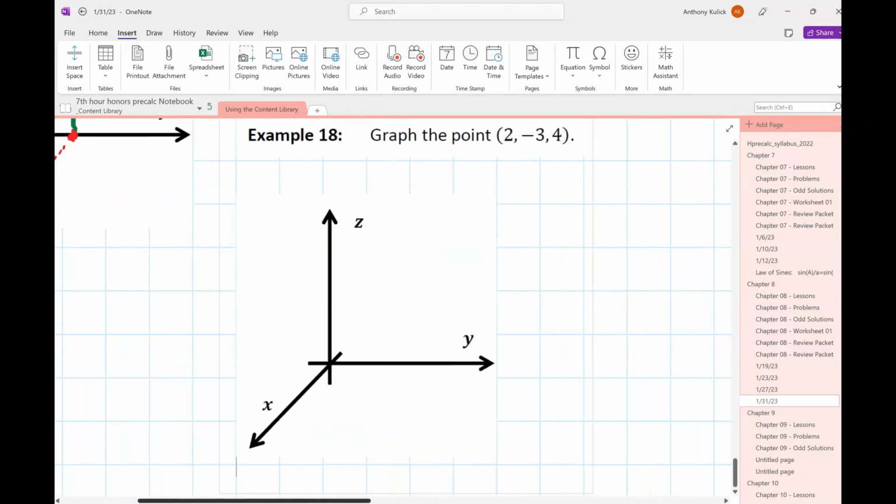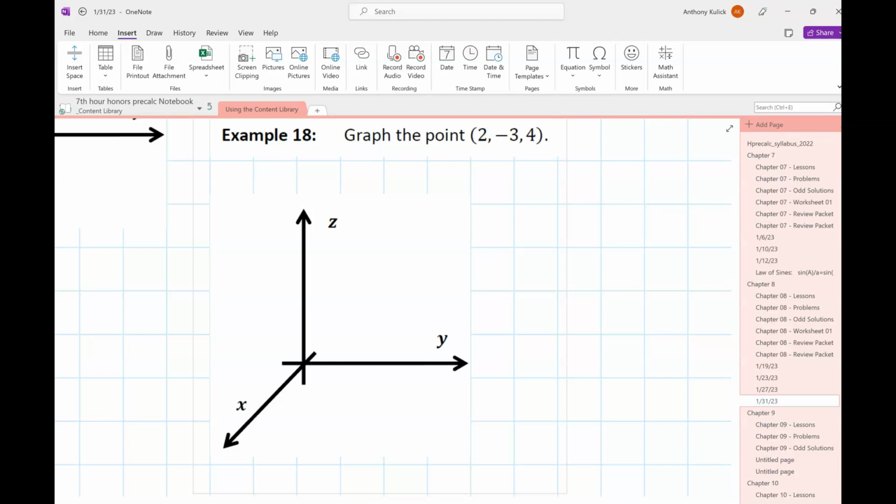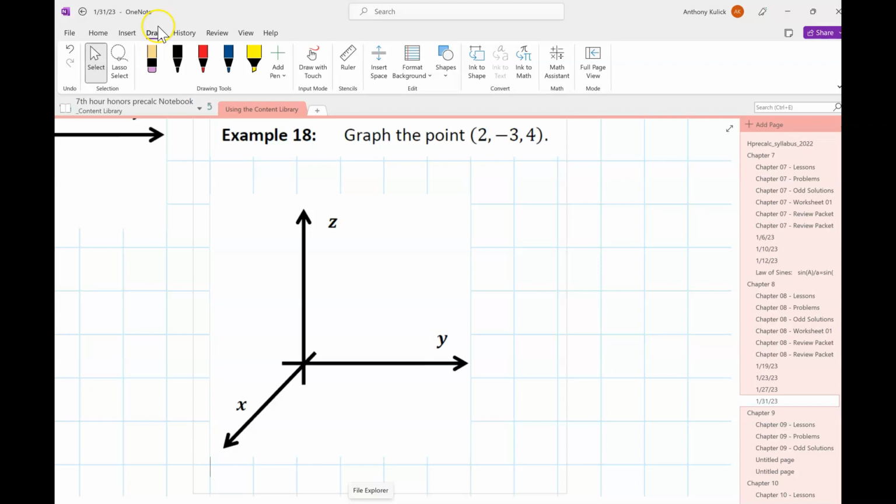So let's say we have the point 2, -3, 4. Well, I noticed right away that my y has a negative on it, so I'm going to go ahead and extend the negative end of the y-axis so I can draw some tick marks there.